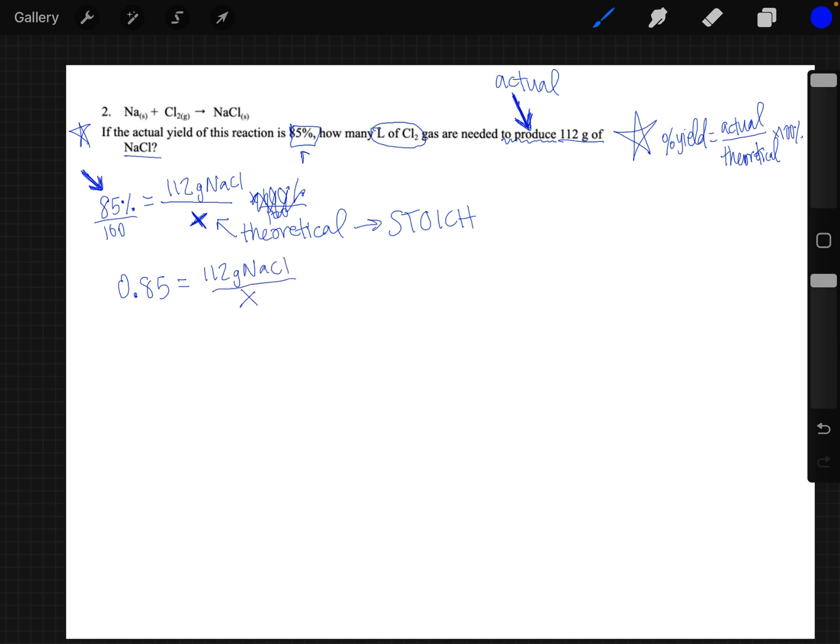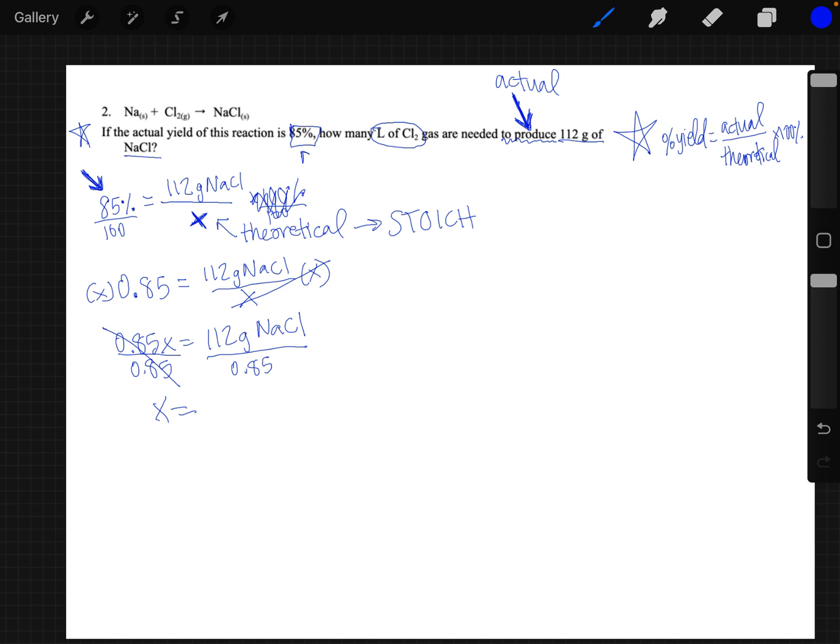It's how much I should shoot for. In order to get x alone, I need to multiply both sides by x. Cancel that out. This becomes 0.85x is equal to 112 grams of NaCl. You should know by now in math that you divide by whoever your lone variable is with, and then we get x equals 112 grams of NaCl divided by that 0.85.